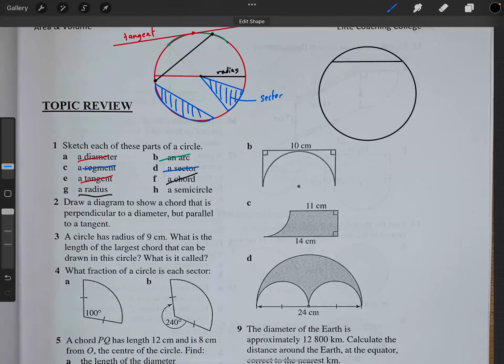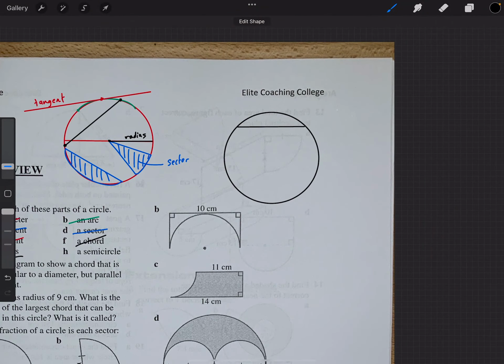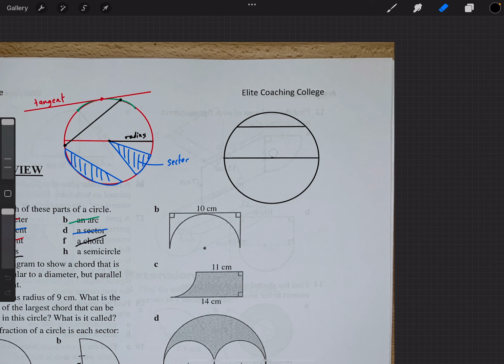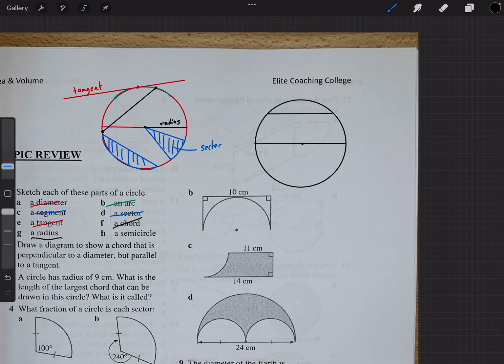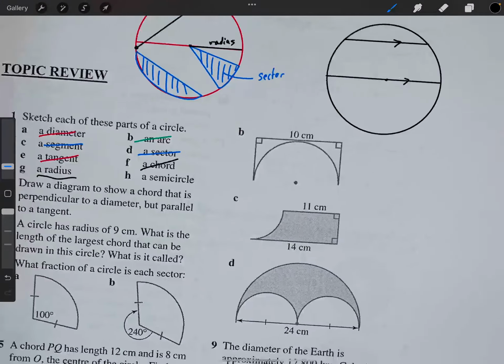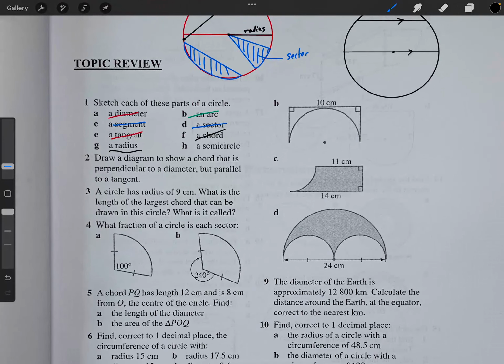So chord that is perpendicular to a diameter. So alright, so I'm going to draw a diameter. Imagine that's the center there, and this is your diameter. Alright, center's over there. Now these two are parallel. It says parallel to diameter, but alright, perpendicular to diameter. Whoops.